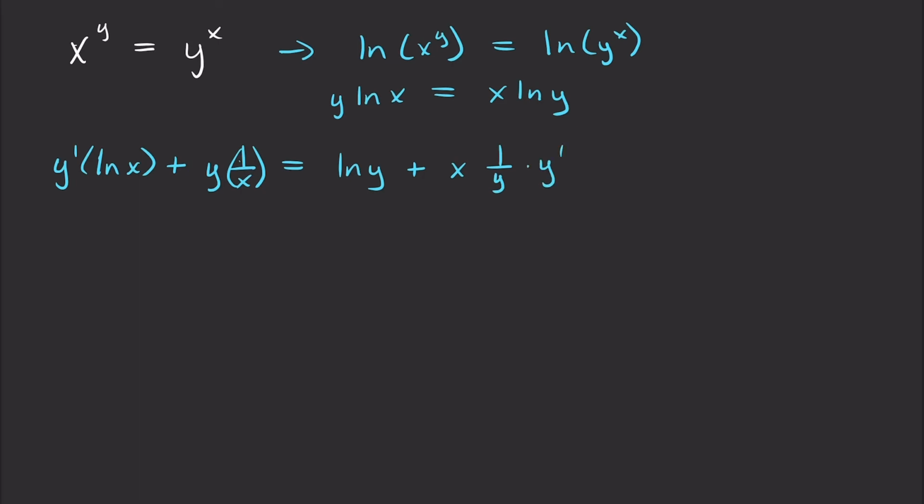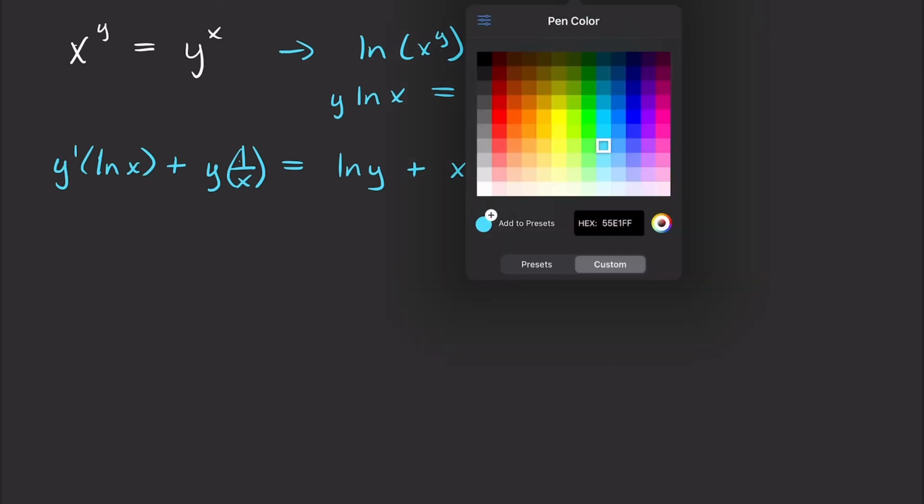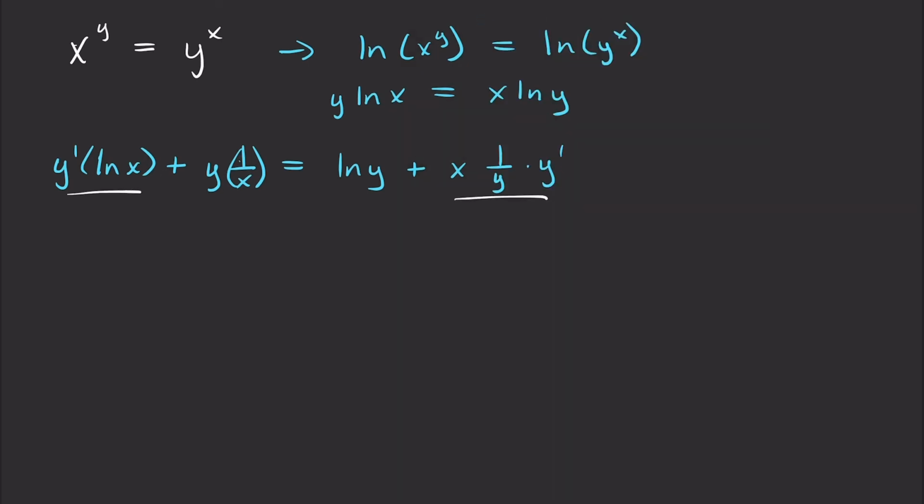And so now we want to again get both of our y prime terms on one side. So I'll get y prime times ln of x, and then when I move this term over, I'll factor out y prime and get x over y.